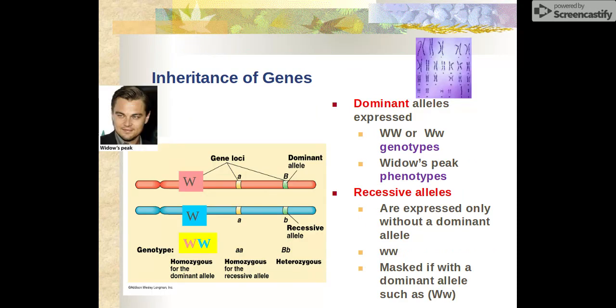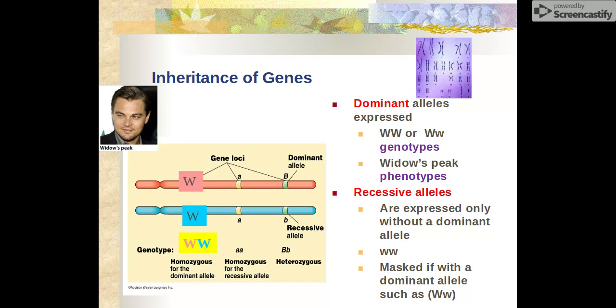Okay, so dominant alleles are ones that are expressed. All you have to have is one of that allele to have that phenotype. So in the case here, as I just talked about with Leonardo, he could be homozygous dominant, that big W, or heterozygous, the big W, little w.